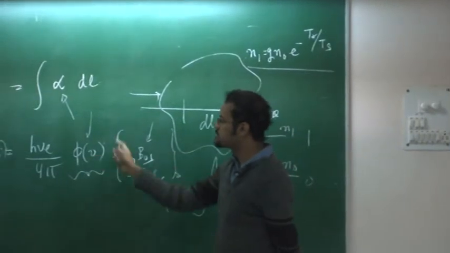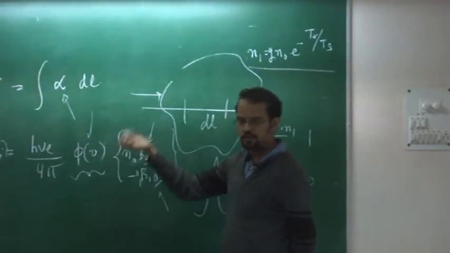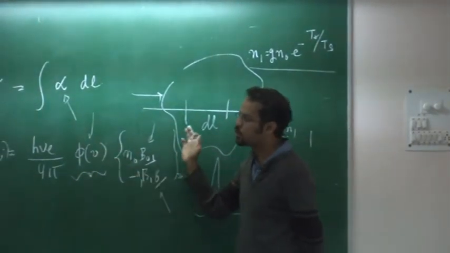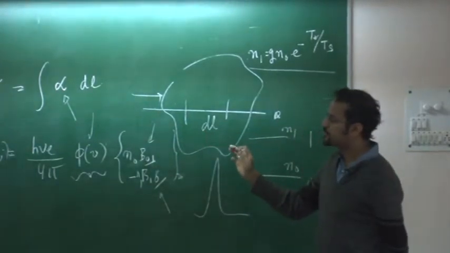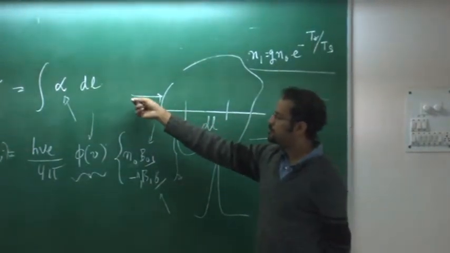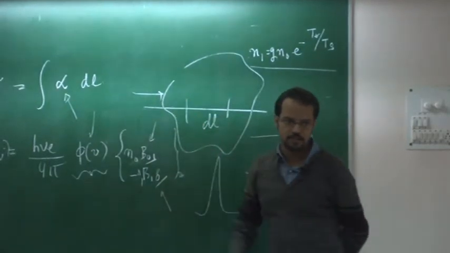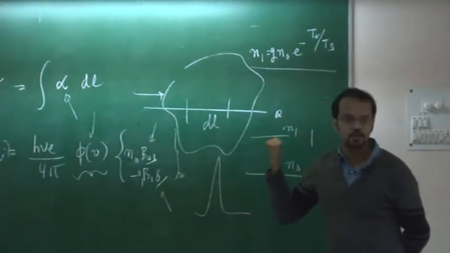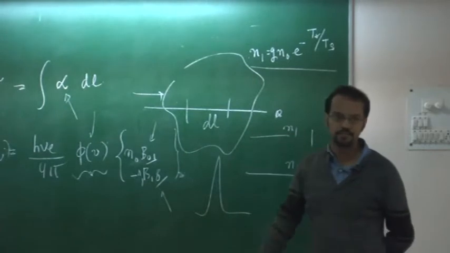So what is this phi nu? What is the simplest model, and what are we really talking about? We are saying that this photon is coming with some frequency. When is it going to get absorbed by a gas at some redshift?